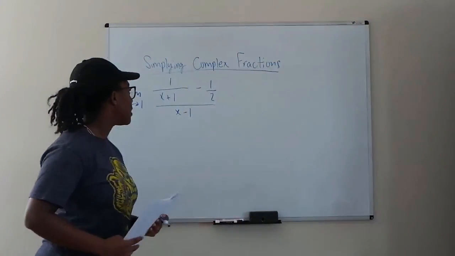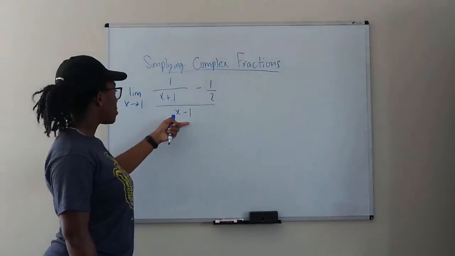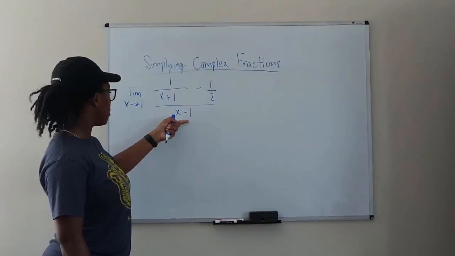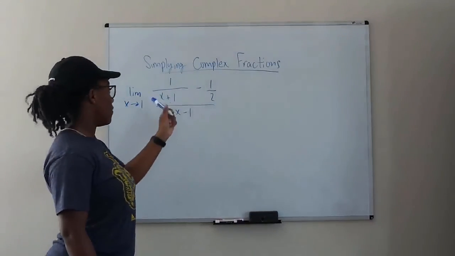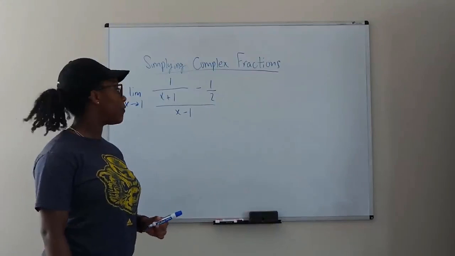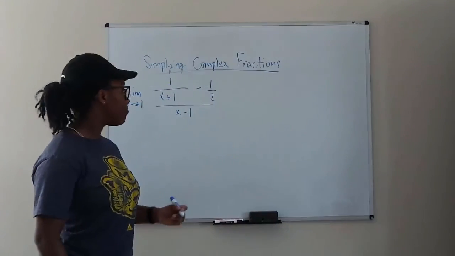When you first look at it, it looks kind of ugly, right? The x minus 1 is really the problematic thing in the denominator, because if we just directly substitute in, we're going to get all of this divided by 0. So we're going to want to figure out a way to cancel this by simplifying what's in the top.